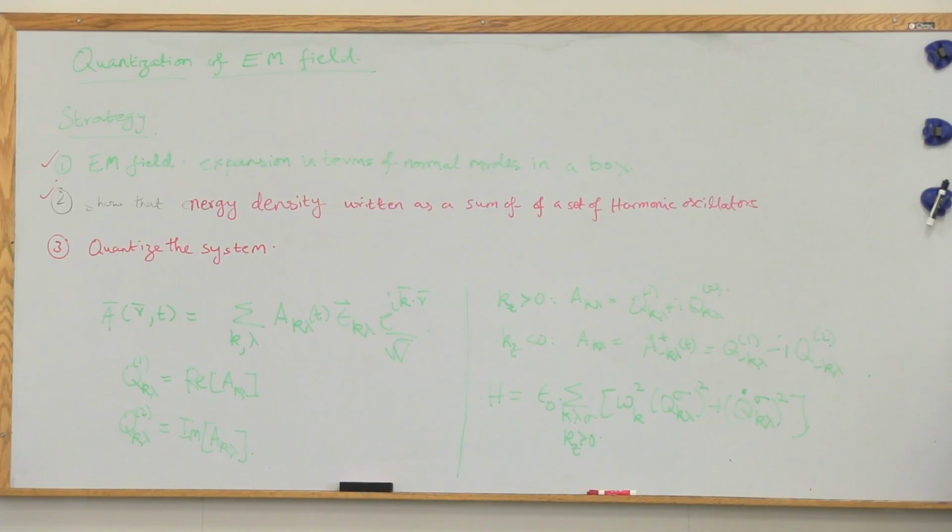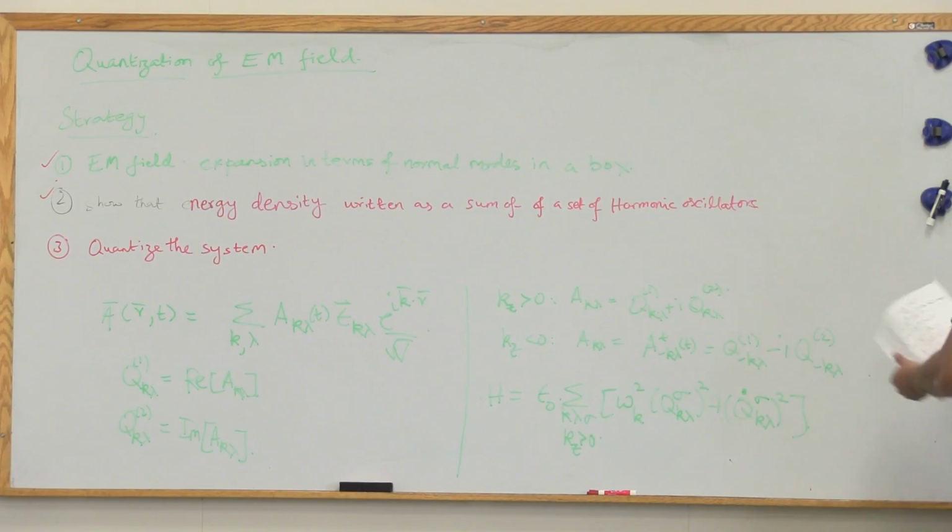This is a canonical momentum for this Hamiltonian, which allowed us to finally write down the Hamiltonian as a sum over alpha of epsilon naught omega squared q_alpha squared plus 1 over 4 epsilon naught p_alpha squared.